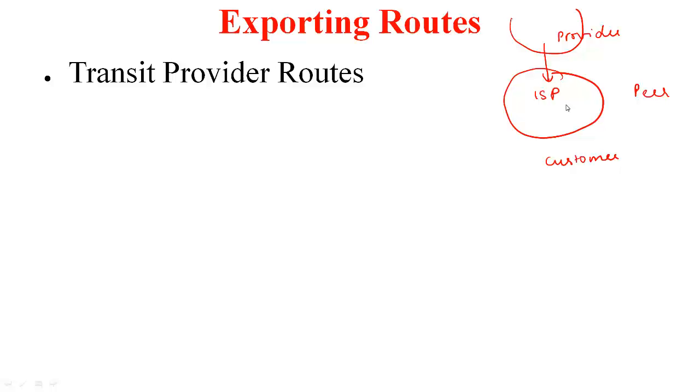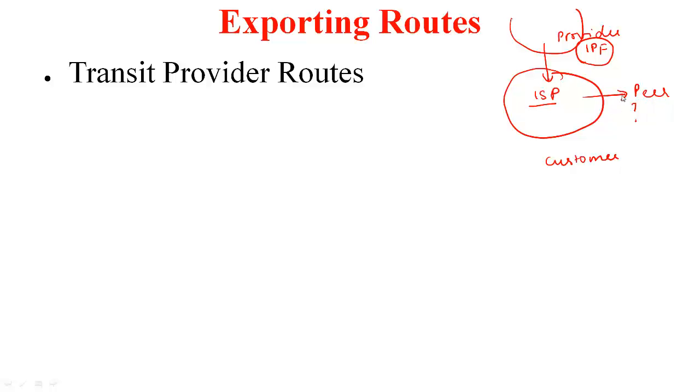Now suppose this ISP learned about certain IP prefixes, let me call them again IPF, from its provider. Now these IP prefixes, do you think it should expose to the peer, that is another ISP with which it has a peering relation? Definitely not.